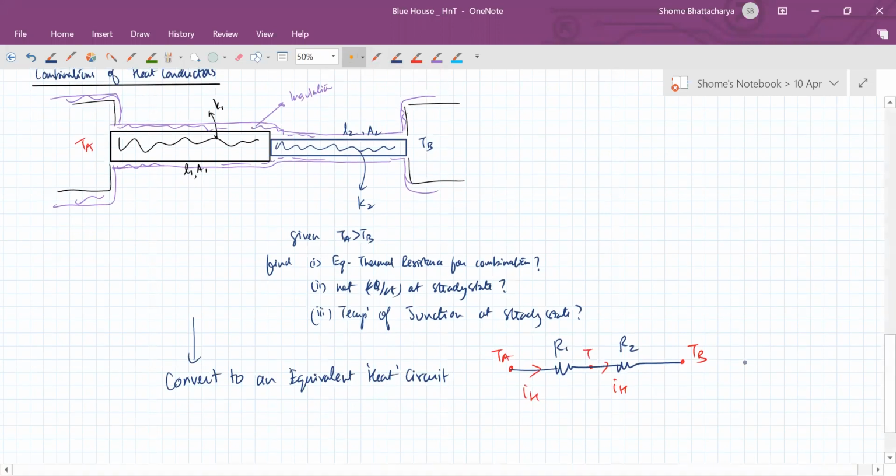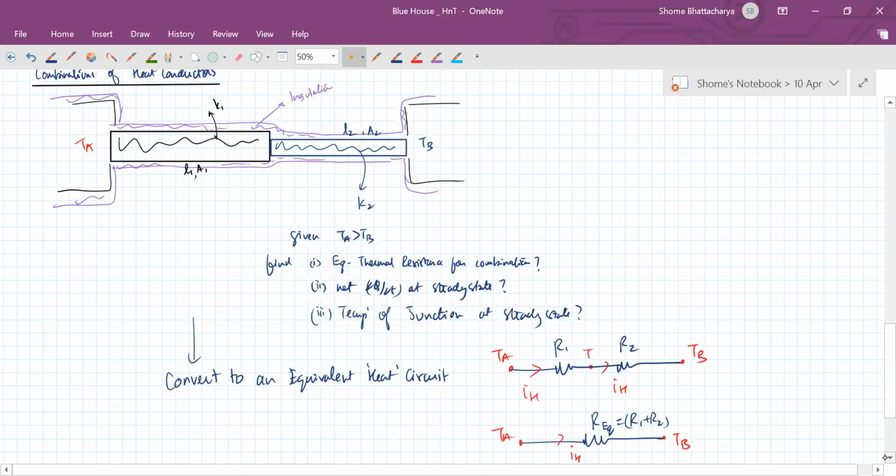This is further equivalent to a single series resistor, which will be R1 plus R2, connected across the same temperature difference, so it conducts the same amount of heat.